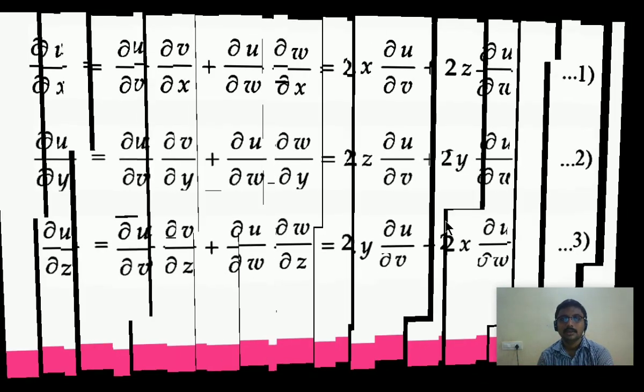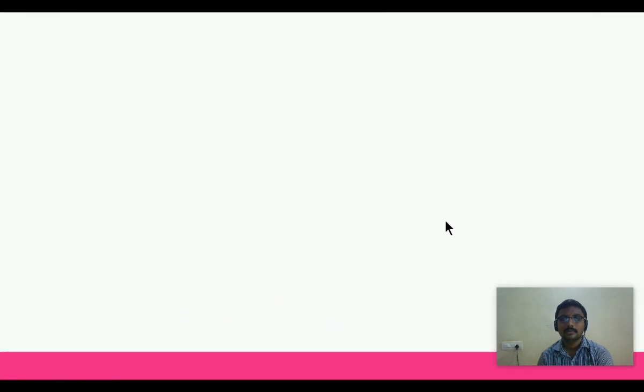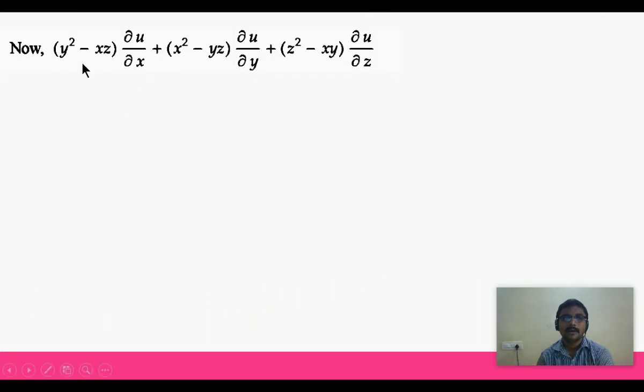Now consider (y² − xz) ∂u/∂x + (x² − yz) ∂u/∂y + (z² − xy) ∂u/∂z.